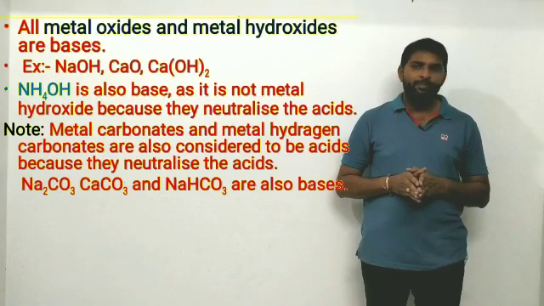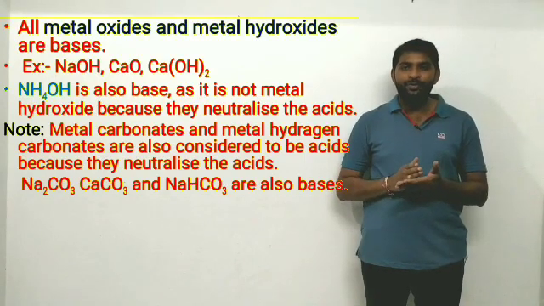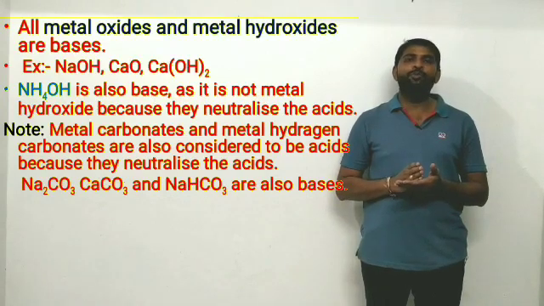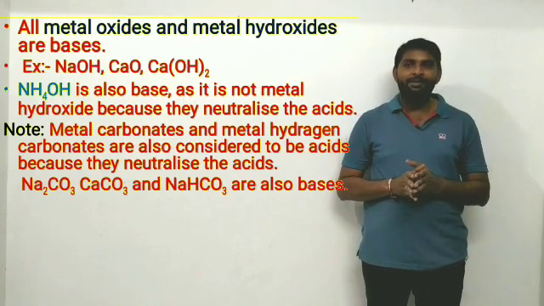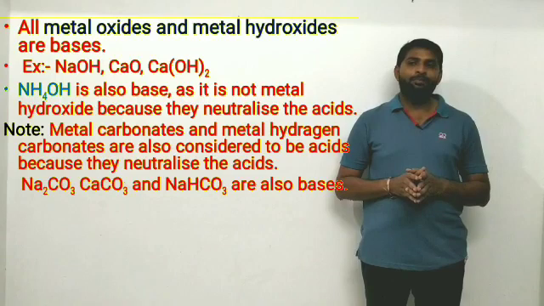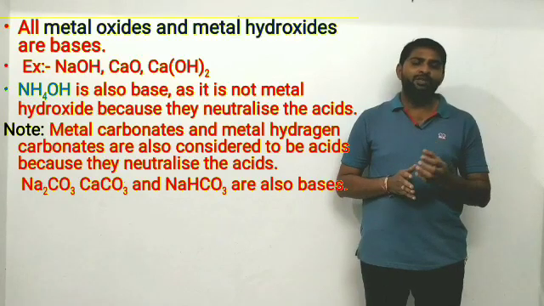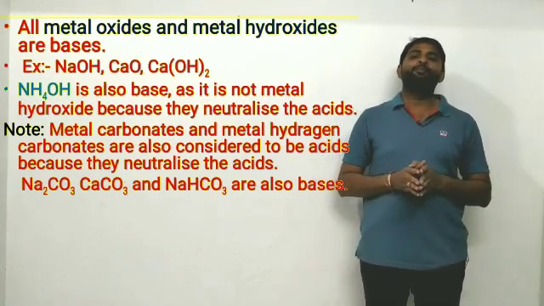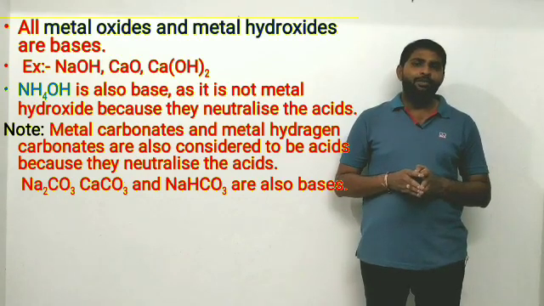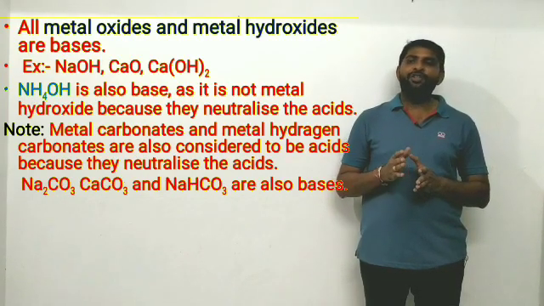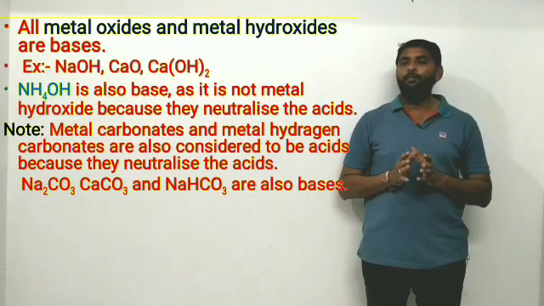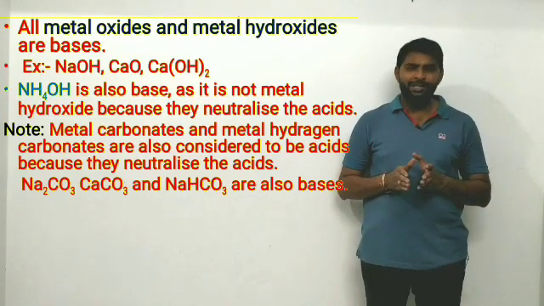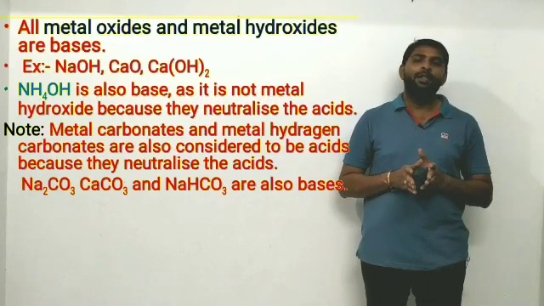One more important thing: metal carbonates and metal hydrogen carbonates are also considered to be bases because they also neutralize acids. For example, sodium carbonate, calcium carbonate and sodium hydrogen carbonate are also bases, because they can neutralize acids.